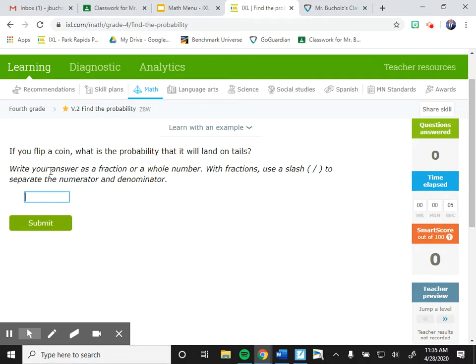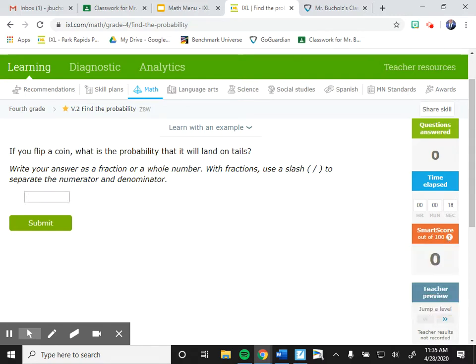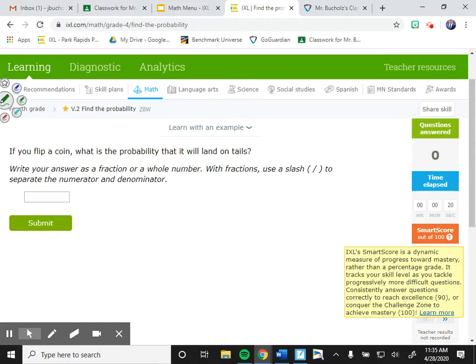So if you flip a coin, what is the probability that you land on tails? Think of a coin. We have heads or tails, right? So if you flip a coin, what is the probability that it will land on tails?